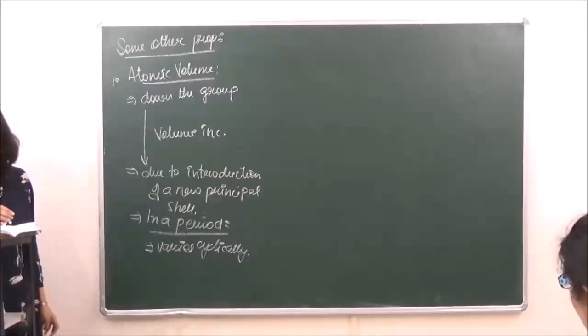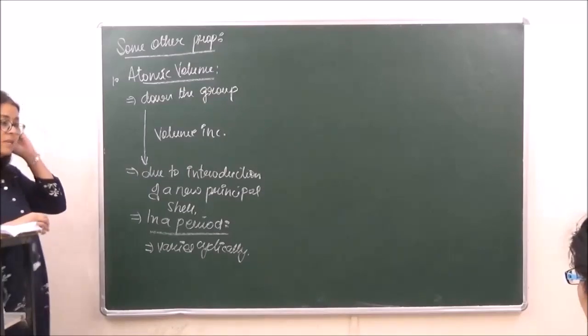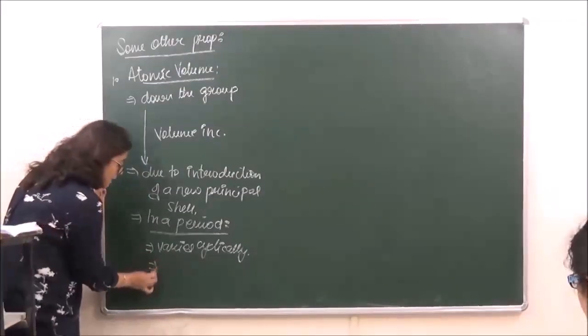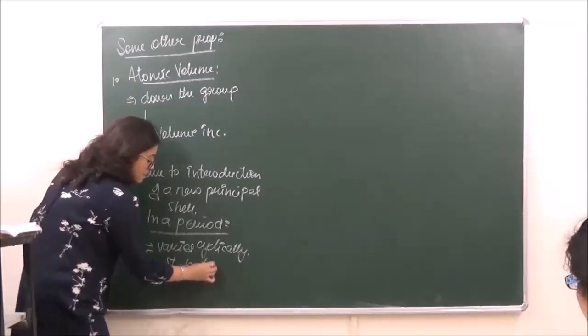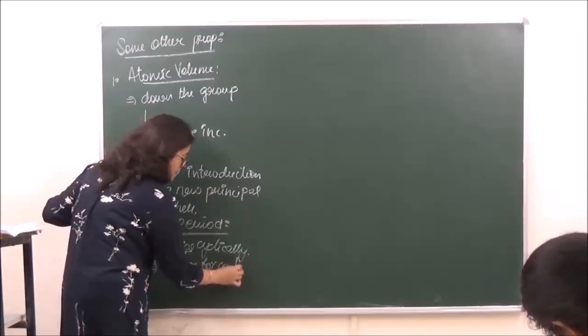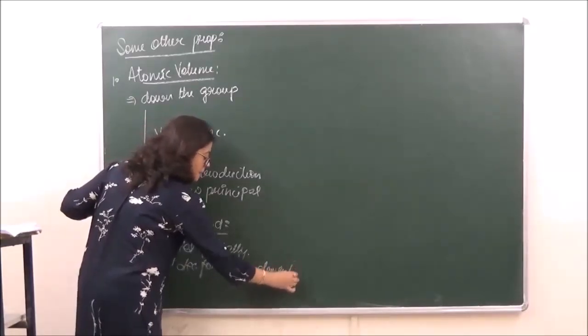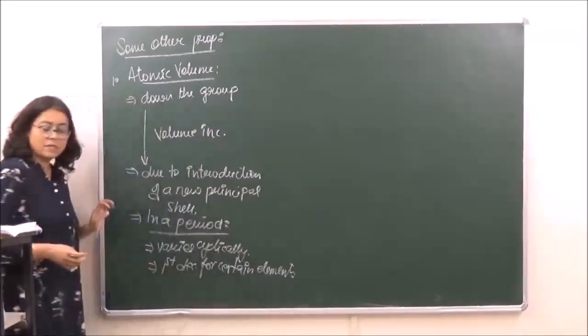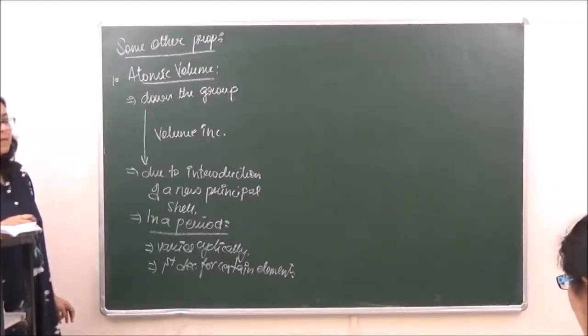That is going to vary cyclically, which means that it first decreases for certain elements, ठीक है? और उसके बाद it becomes minimum in the middle.